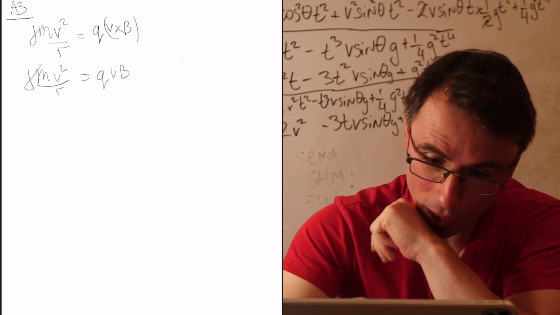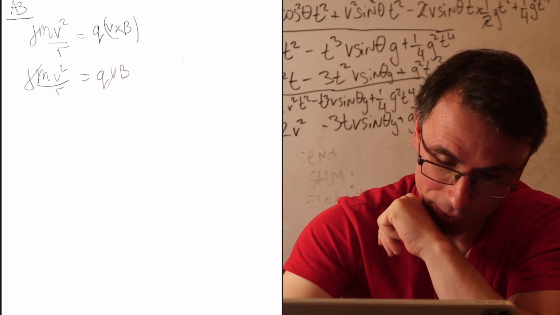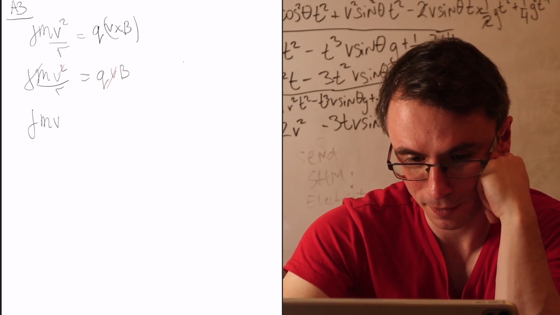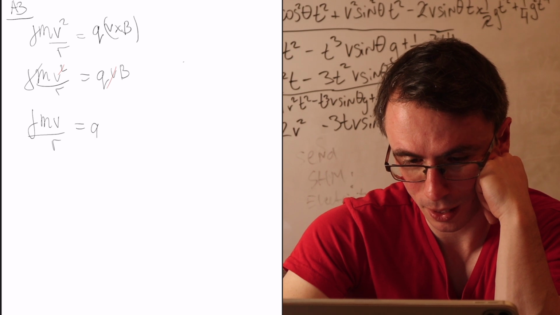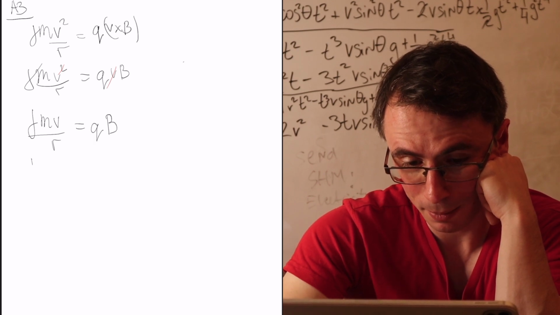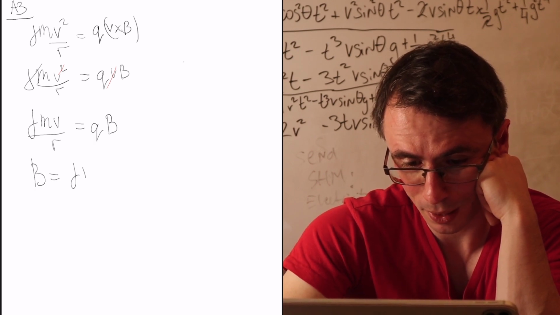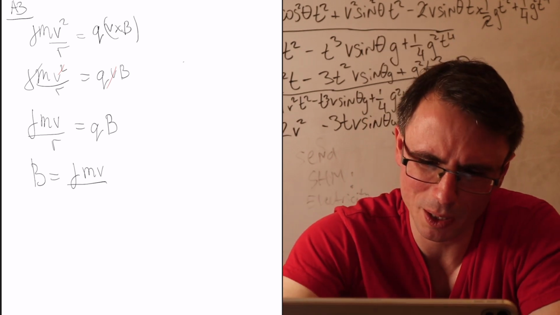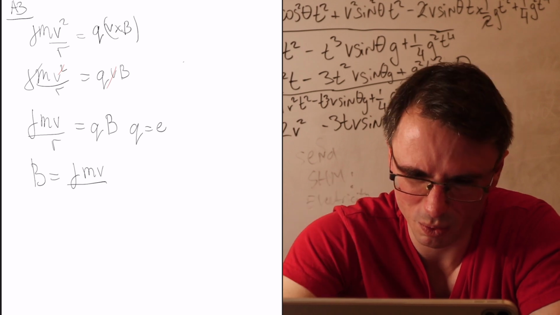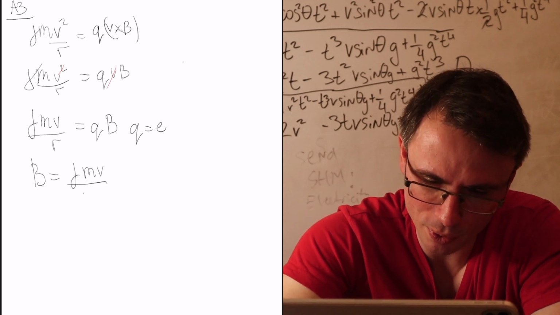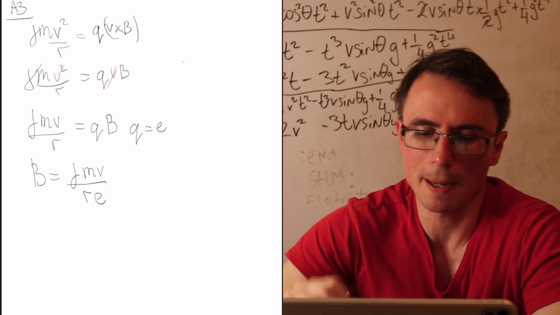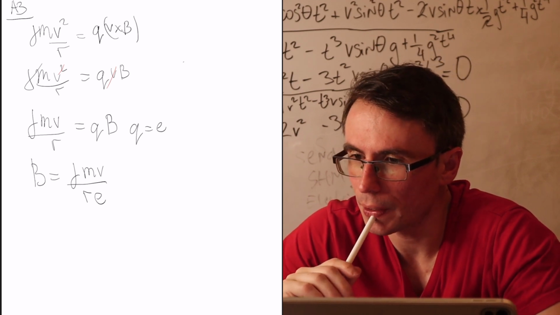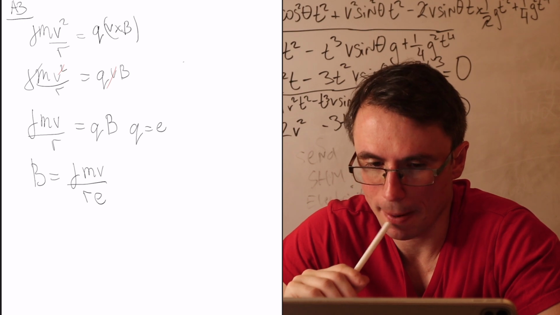Let's get rid of one of these velocities, and we just get that gamma mv over r is equal to qB, meaning that B will be equal to gamma mv divided by q. It's protons we're talking about, so q is just equal to the elementary charge. So this here will be r times e. But in this problem, we want to derive it in terms of the energy.